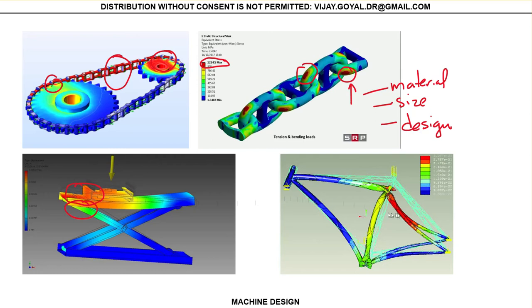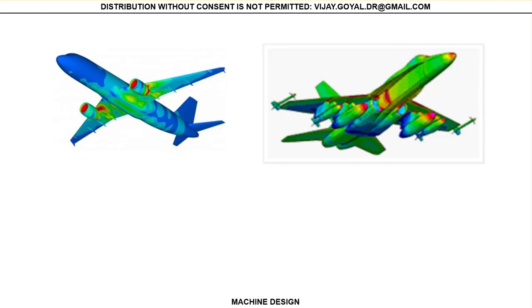How about the frame of the bicycle? Again, you can see that this is the location of maximum stresses. So that will dictate all the sizing of these bars, and this will dictate the sizing of this bar. This will dictate the sizing of this bar. And that's how we actually do it in finite element methods. That's how it's applied.